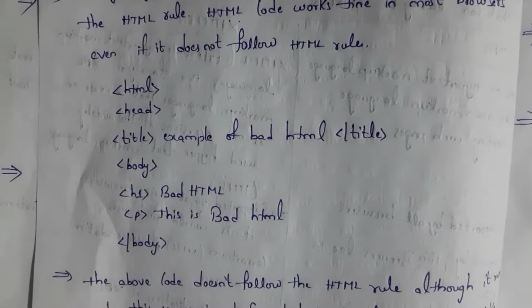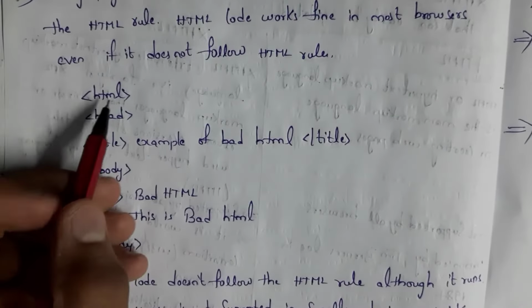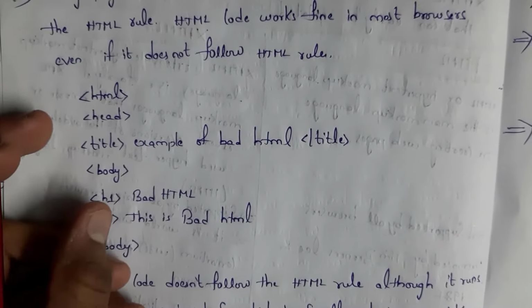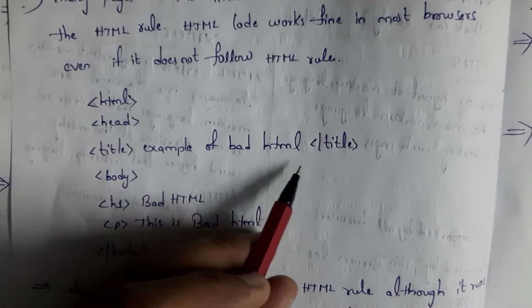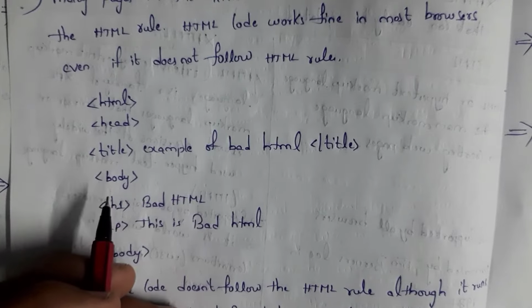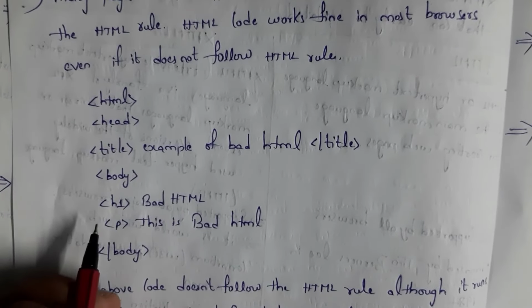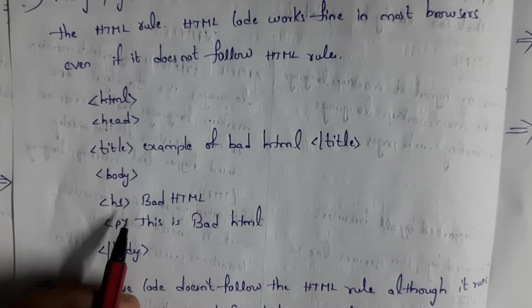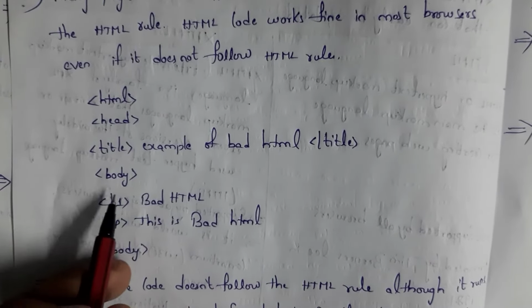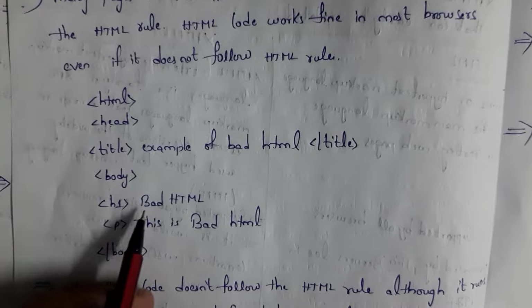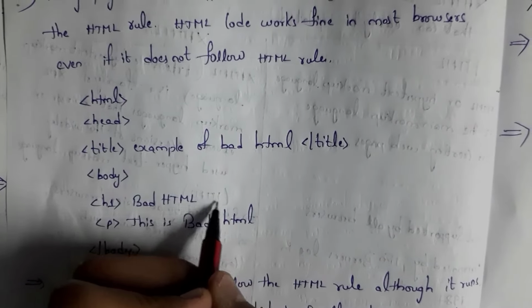If you consider this HTML program, inside HTML I written head and inside it I written title as example of bad HTML because I am writing bad HTML program. Bad HTML mean program which do not contains closure tags is known as bad HTML. If you consider this, inside body I written H1, but I did not close this H1.